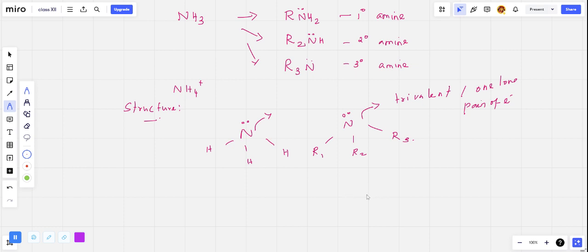If you look at the configuration, the atomic number of nitrogen is 7, so it is 1s2, 2s2, 2p3.